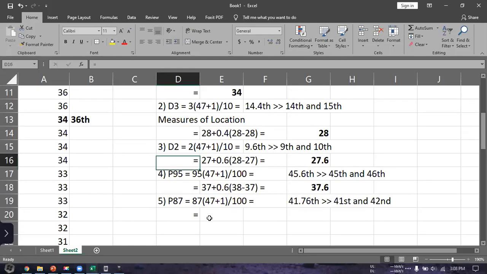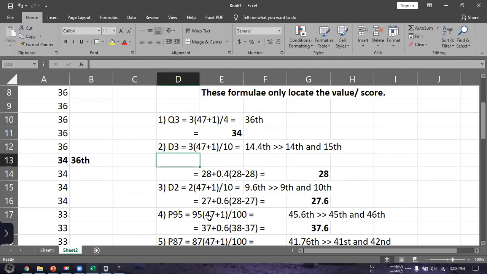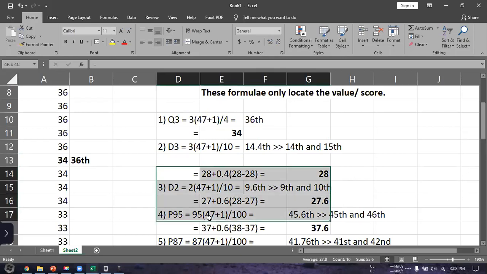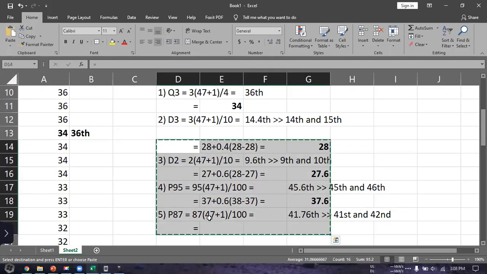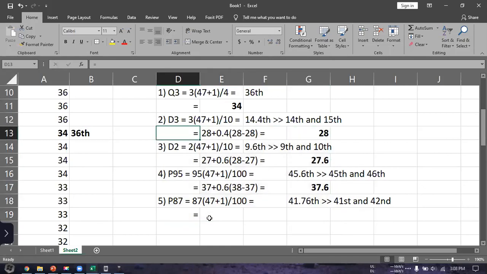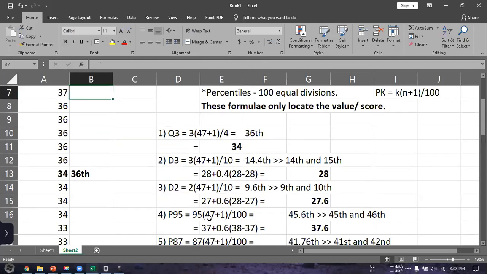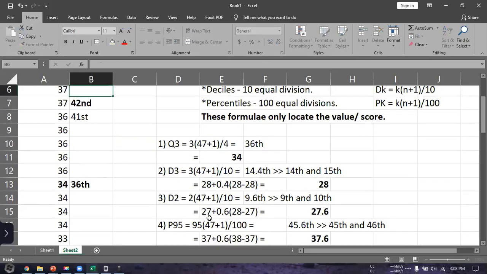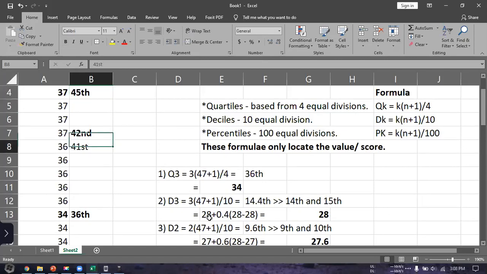Bakit nagkaroon ng measures of location dito? 6, 7, 8, 9, 40, 41, 42. 41st and the 42nd. Yun, nakuha din natin magkaiba.